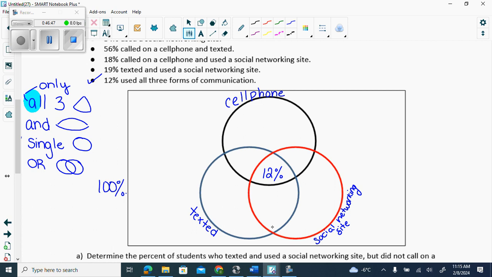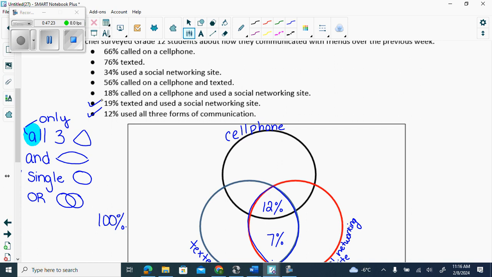It's specifically this eyeball here. How many are already sitting in the eyeball? 12. So do I go 19 and 12 and make it really big? What do I do? You subtract. So 19 minus 12. So this is 7%. So of the 19 who texted and used a social networking site, 7 texted and used a social networking site only. Right? Yes? All right.